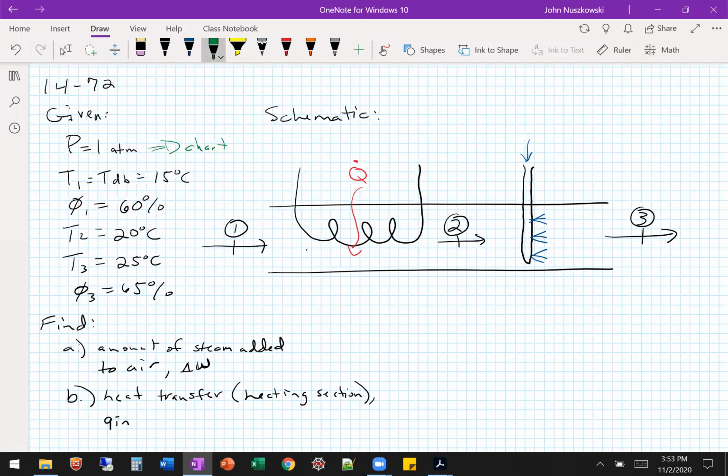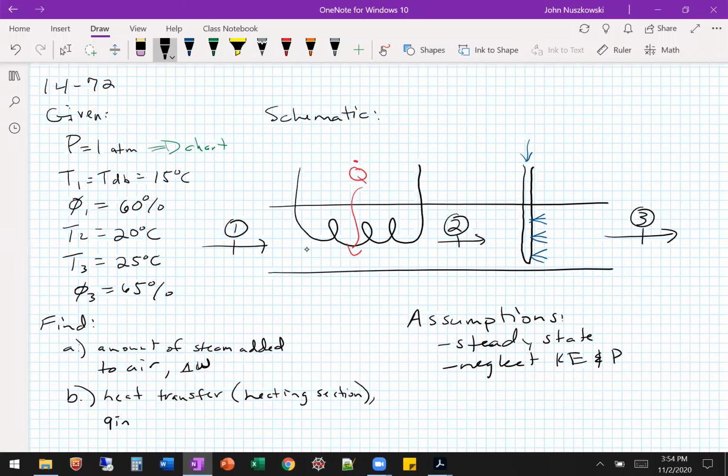So we have a heating section and then a humidifying section. Right, steady state. Neglect kinetic and potential energy.